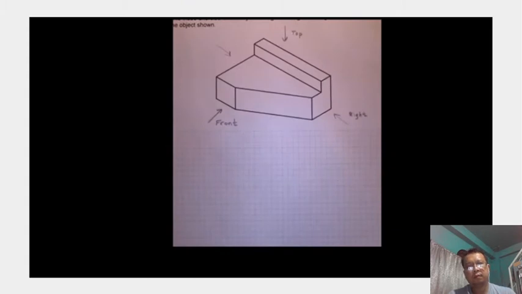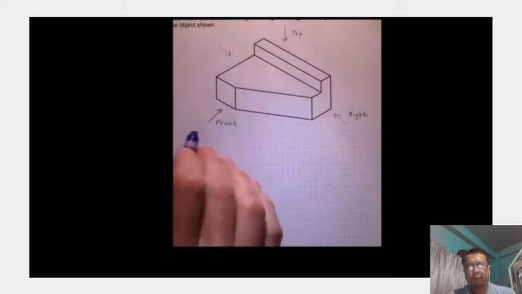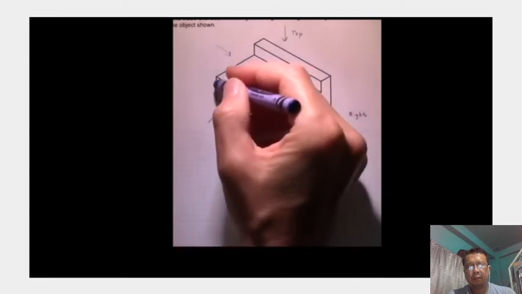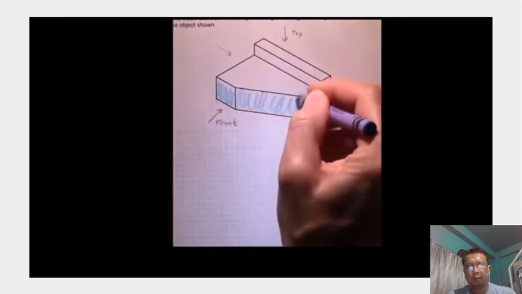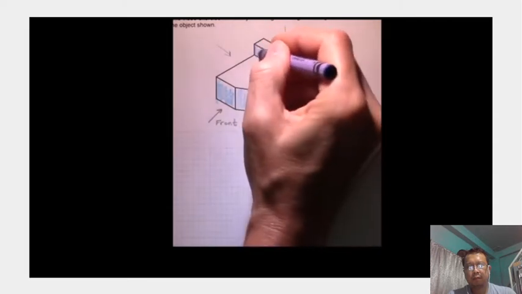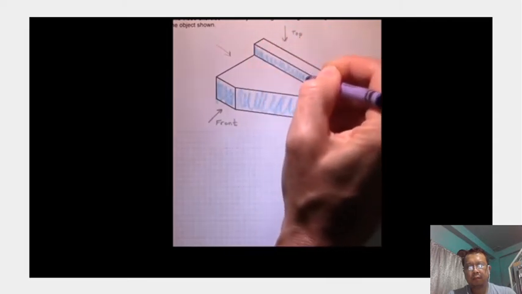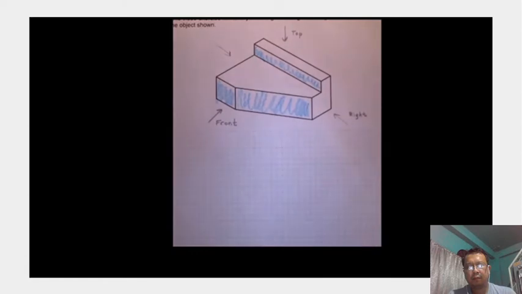Now to get a better handle on visualization, what I like to do is shade in all the surfaces that you're going to see when you're constructing a particular view. So if we're doing the front view and we're looking this way, we would see this surface, that surface, and that surface.